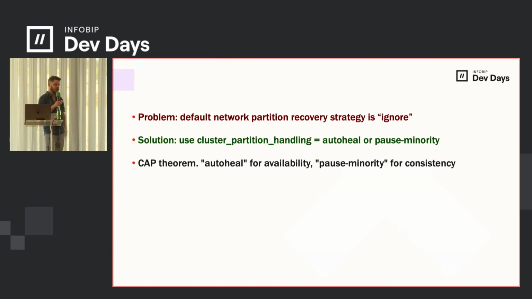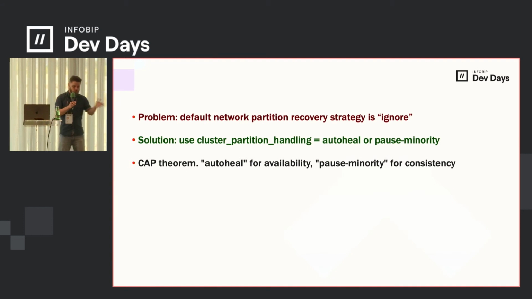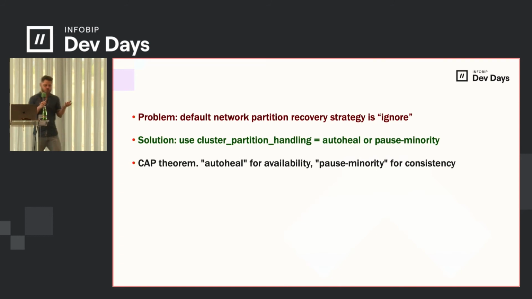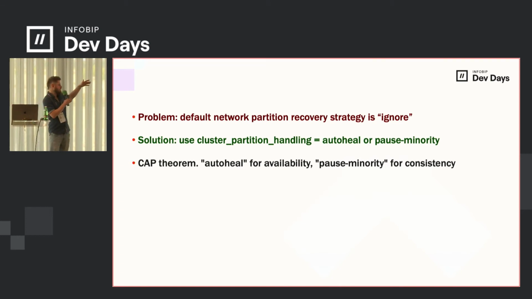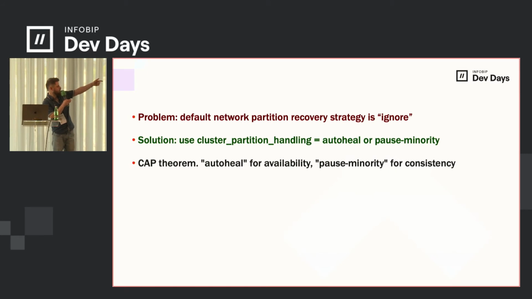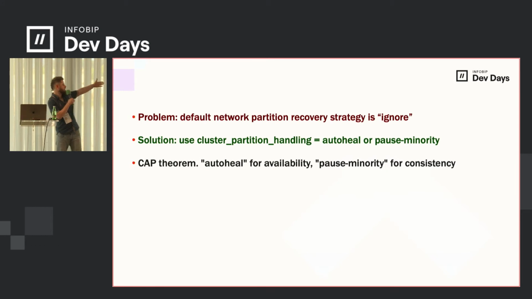The RabbitMQ admin needs to go and see which nodes to restart, which nodes to keep, and so on. There are some automatic strategies like auto-heal or pause minority, and both of them are pretty good. I don't know why the default is ignore.